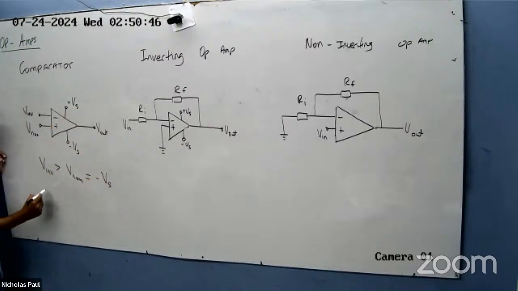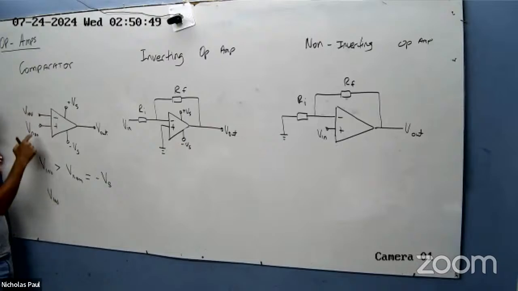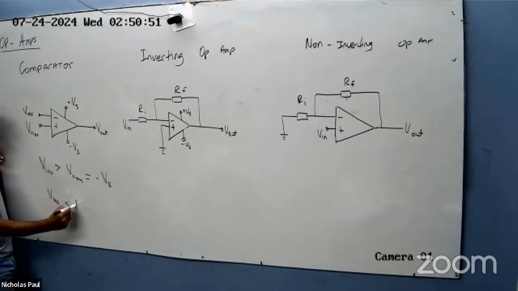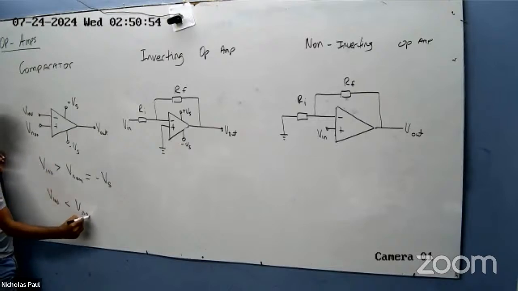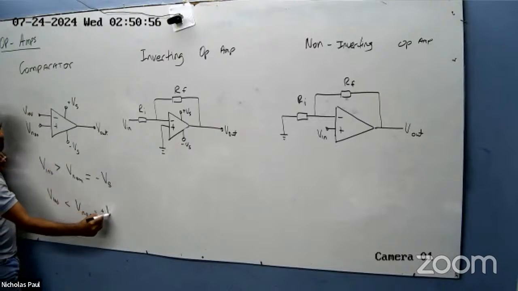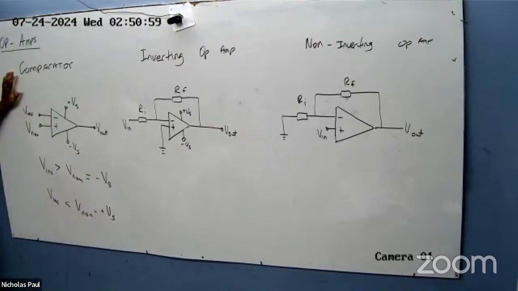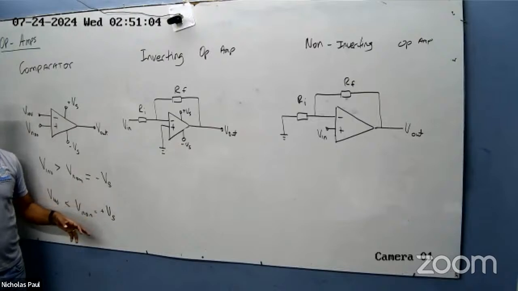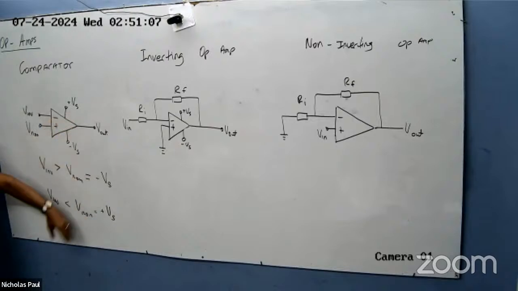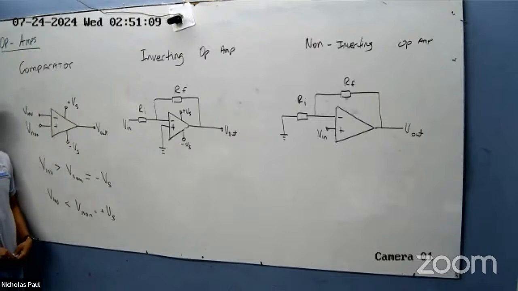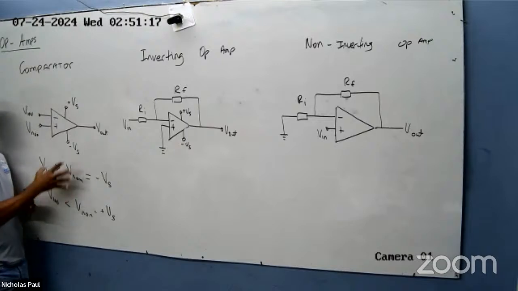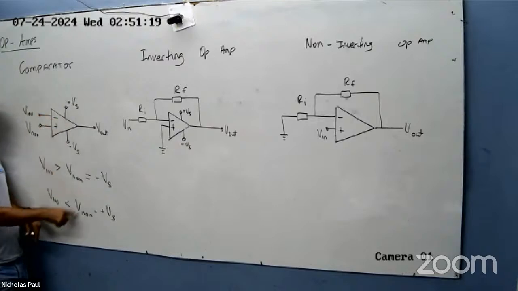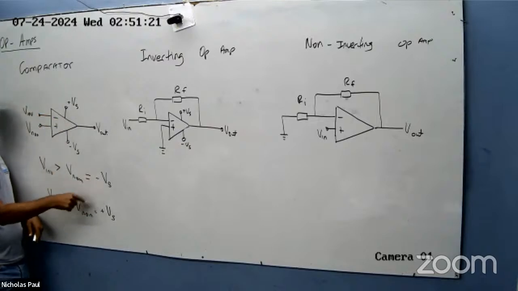And if the value here is smaller than the value here, then your answer will be positive Vs. So this comparator only gives you two outputs, high and low. This is comparable to what? If you only have two outputs, like a gate, high and low. So the comparator is a device that can take analog data and give you digital data.